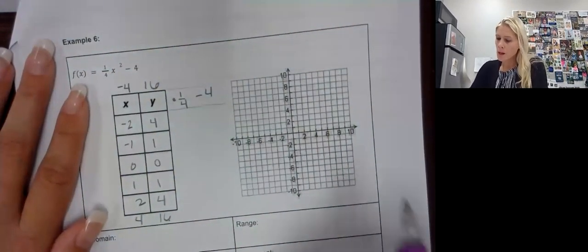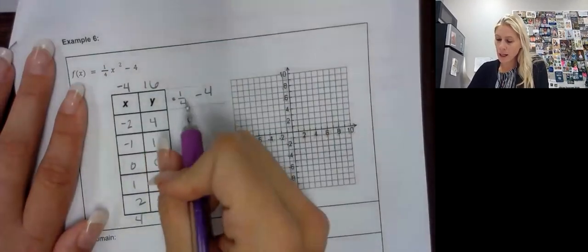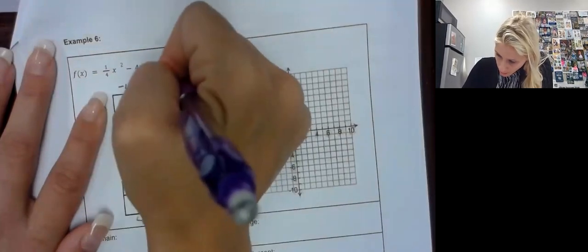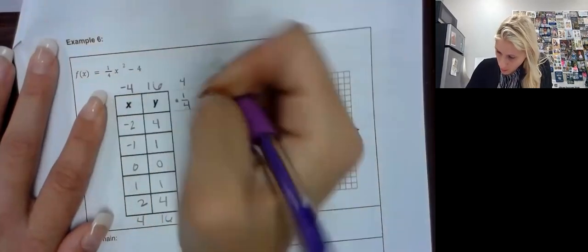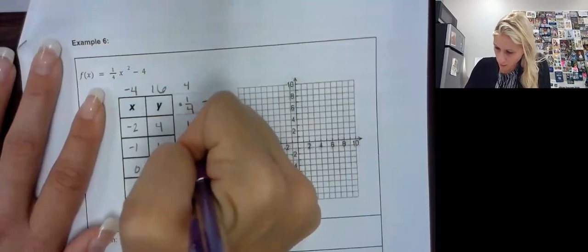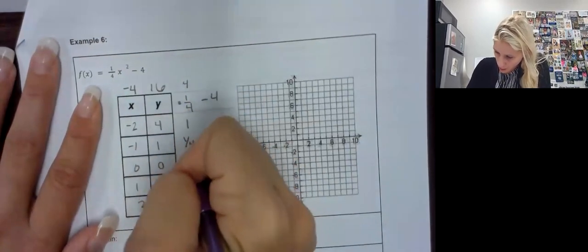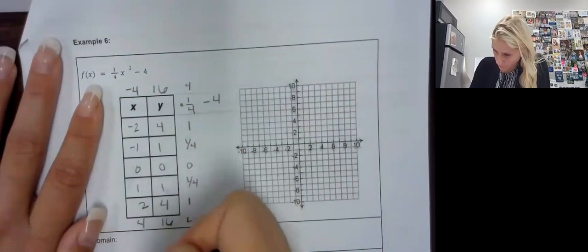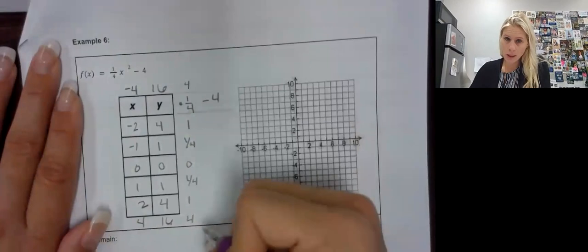Okay, guys. So I'm going to multiply everything by 1/4. So this would be 4. This would be 1. This would be 1/4. This would be 0, 1/4, 1, and 4. Now I'm going to subtract 4 from all these numbers.